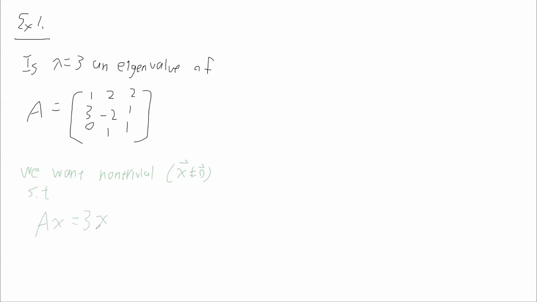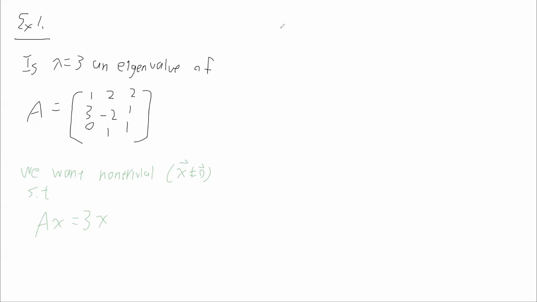So we want to show that this equation is true for some non-zero x. If we can show that, then we can say that yes, lambda equal to 3 is an eigenvalue.